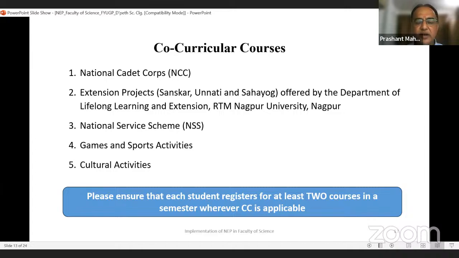And as told to you yesterday also, National Credit Corp and National Services Scheme are year-long activities. And in many cases, sports and games activities and cultural activities are also conducted or organized yearly, maybe by the state government, university, or the national government, at the national level, or at your college level.